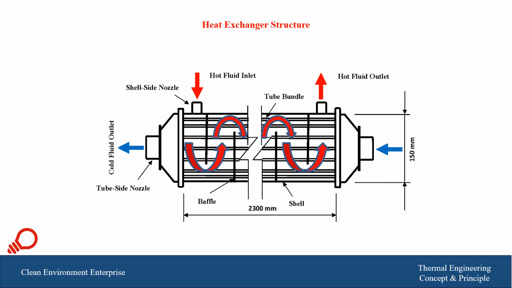And of course, we should not forget the tie rods, which keep these baffles in situ as well. So these are the most or major parts of the heat exchanger.